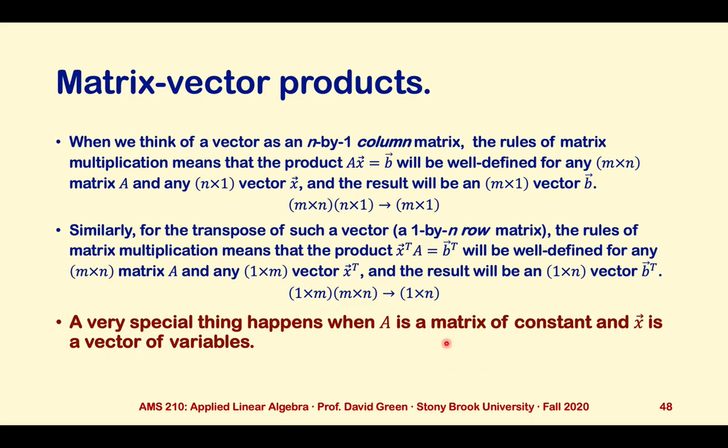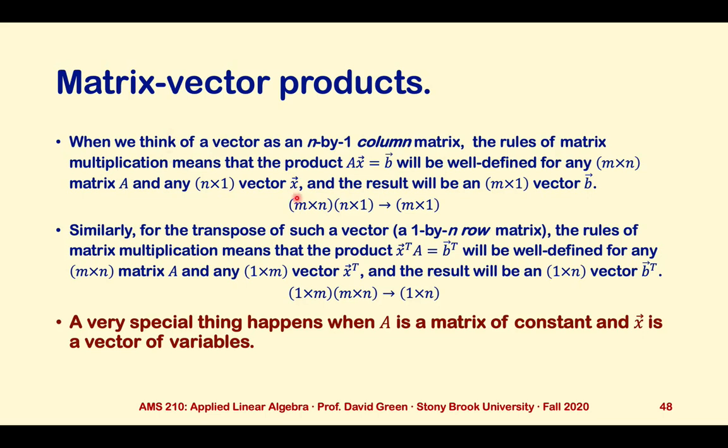When we think about a vector as a column matrix, a column vector, we can then start thinking about multiplying a matrix by a vector.